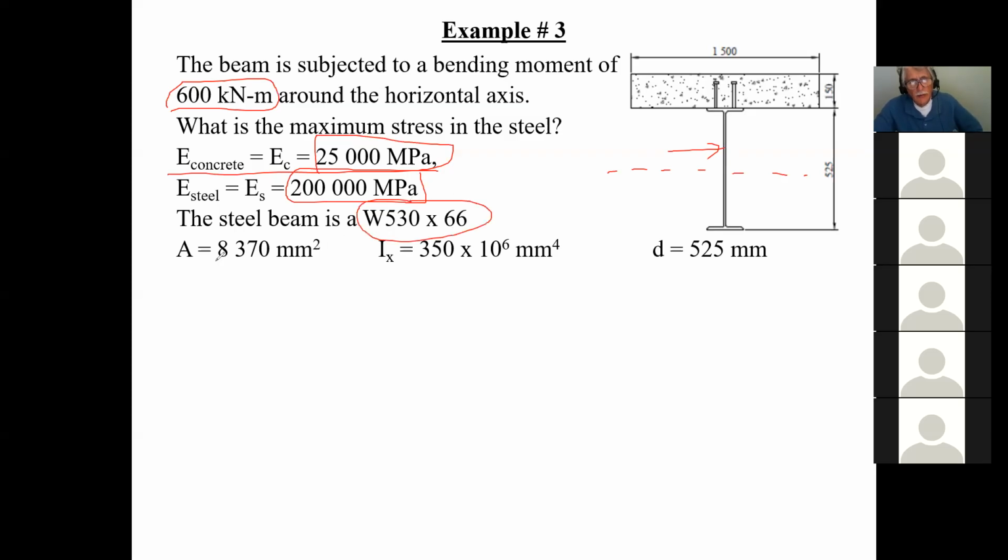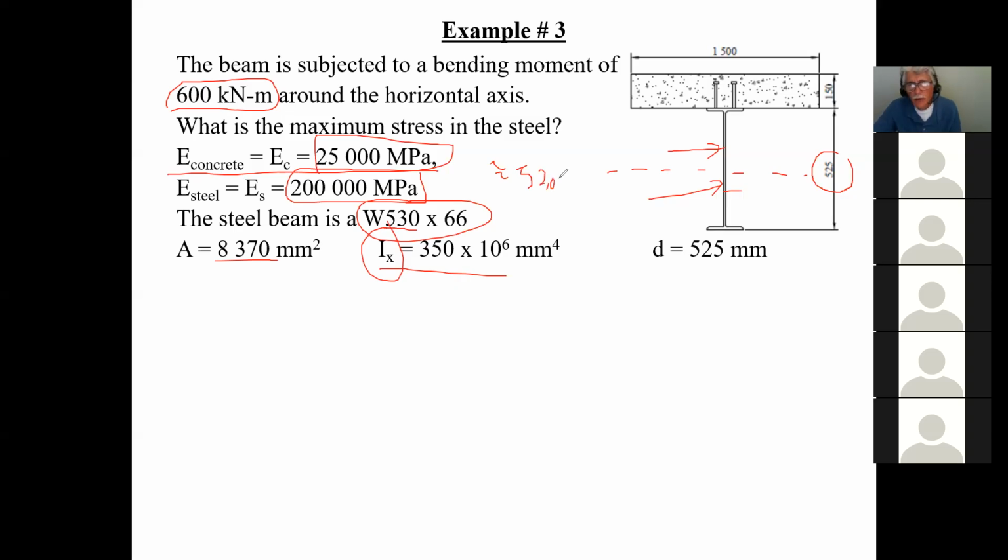This is the cross-sectional area of the beam, and this is the moment of inertia IX of only the beam. And the D here, the distance from here to here, is 525. When I was telling you that this designates the nominal depth of the beam, it means the beam is approximately 530 millimeters.